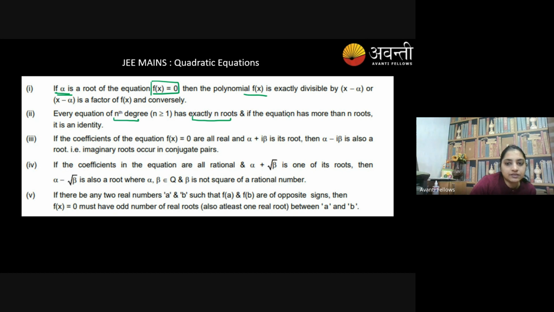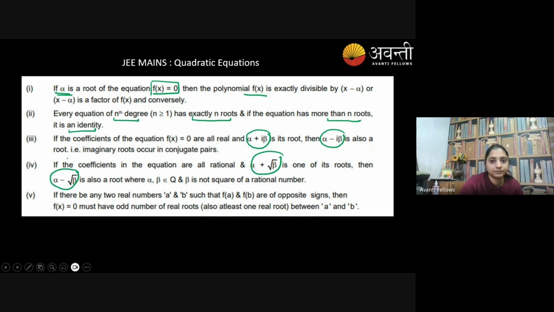When you say it has more than n roots, then it is called an identity. Remember? So if the equation has alpha plus iota beta as one root, then another should be its conjugate, alpha minus iota beta. If one root is alpha plus root beta, then another one is alpha minus root beta. Clear?